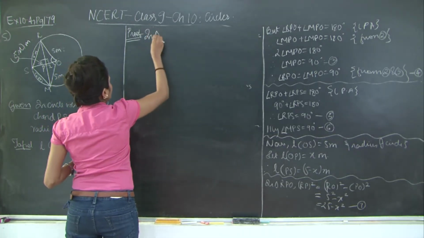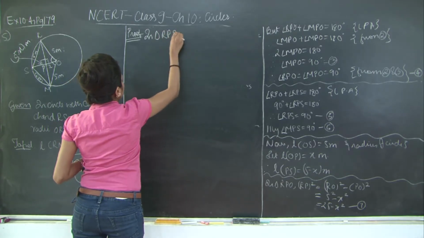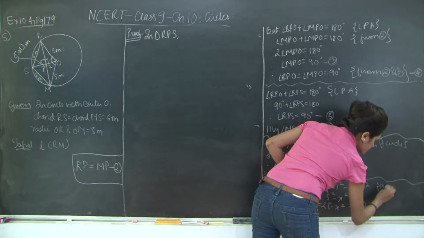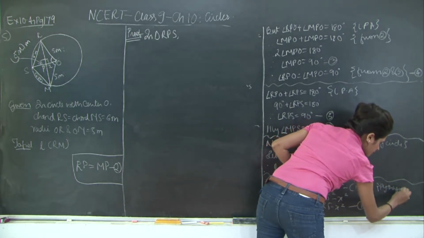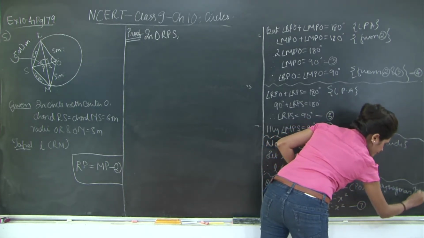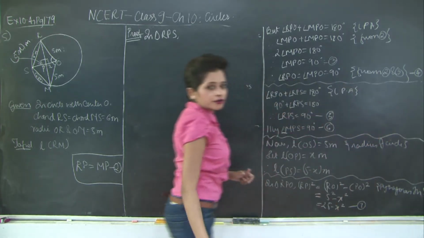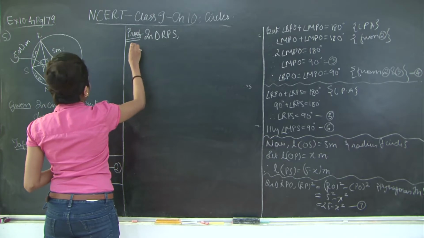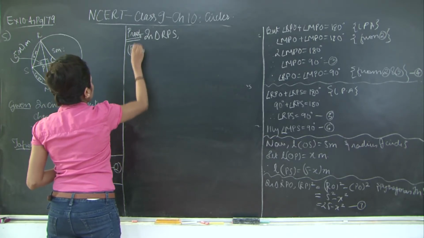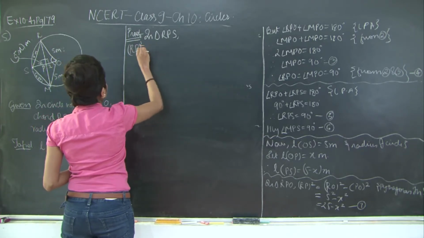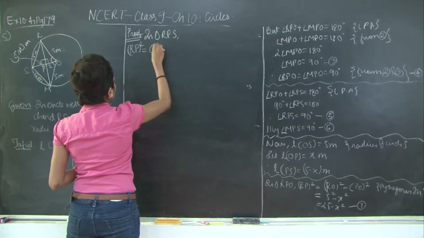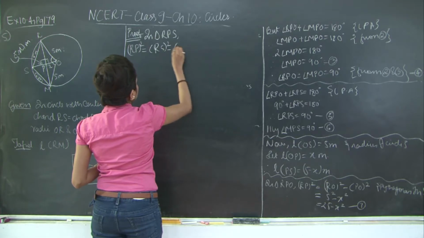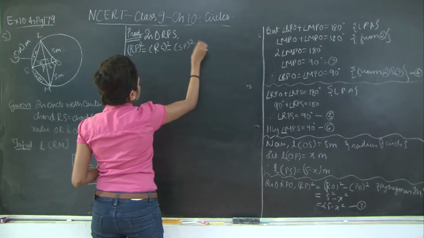Now in triangle RPS, so over here I'm going to say Pythagoras theorem. Right? Now in right angle triangle RPS, I have RP square is equal to RS square, that is the hypotenuse square, minus side square, which is SP square or PS square.